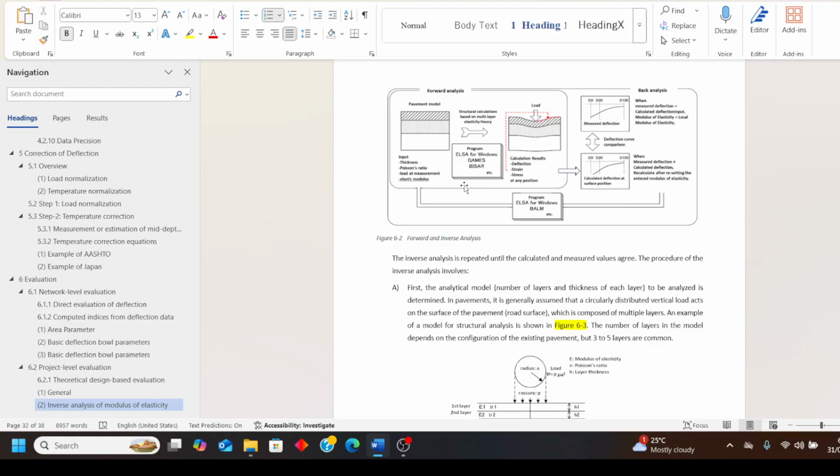So it predicts the fatigue life, which is the cracking of asphalt, and rutting life, which is the permanent deformation of base and subgrade. Compared with the allowable limits, it estimates the remaining service life. So these are the evaluation methodologies that have been indicated in this manual.